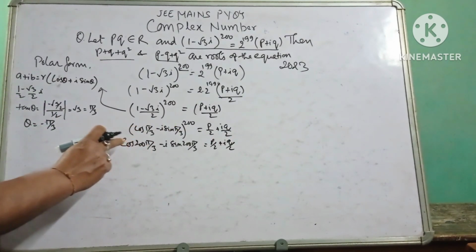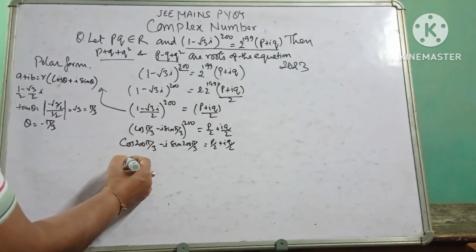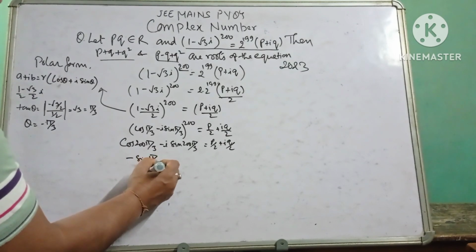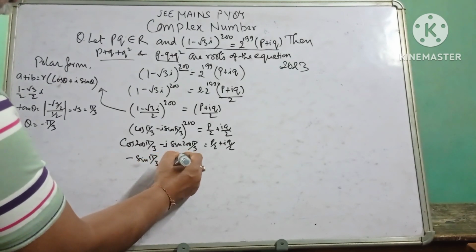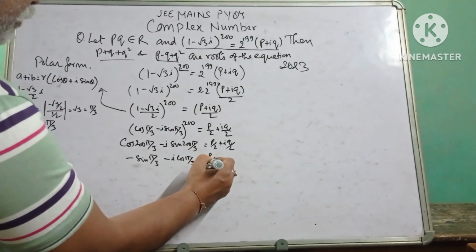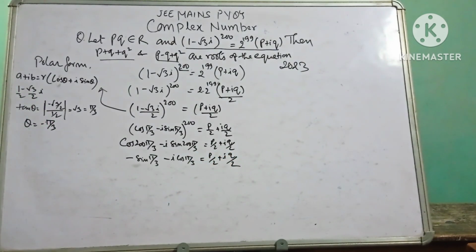This is the only graduation level part. Now you can find out the value of 200 pi by 3. This will come out to be minus sine pi by 3 and minus cos pi by 3.